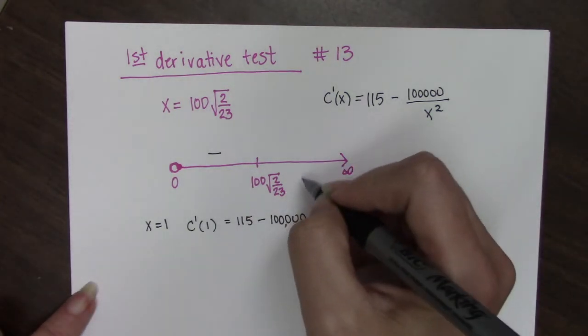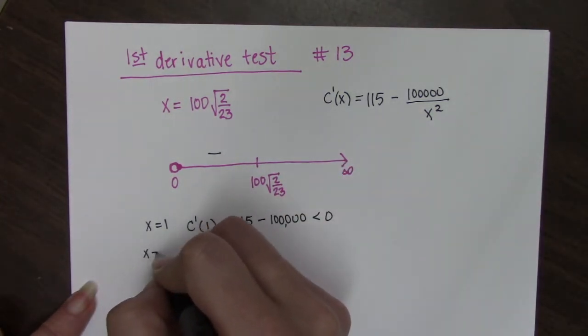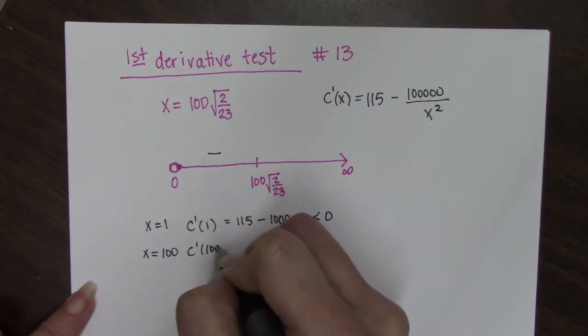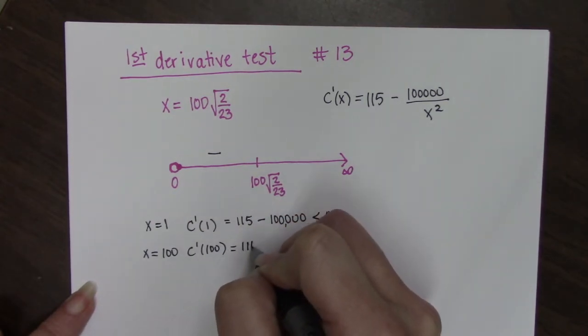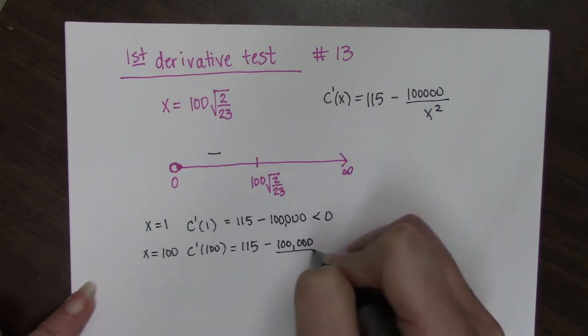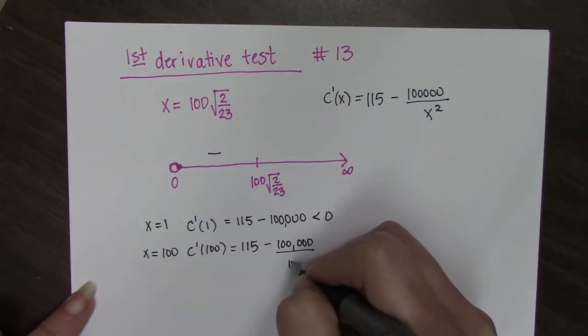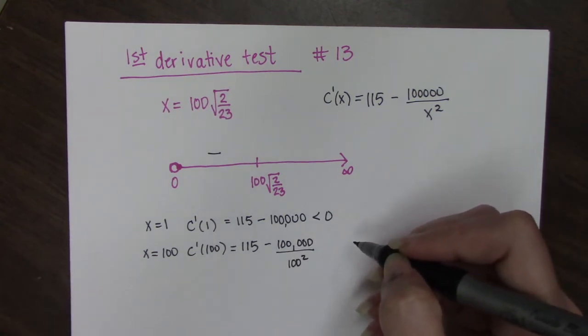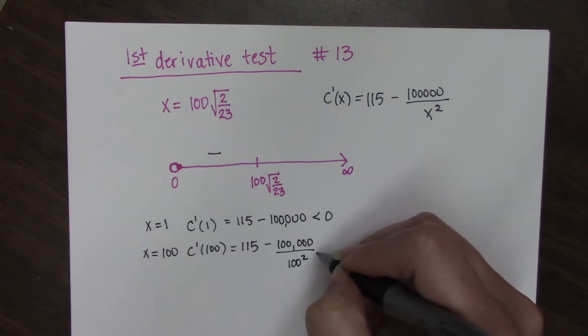Now I need to pick a value over here. So I'm going to pick 100. So c prime of 100 is 115 minus 100,000 over 100 squared, which is going to be 10,000.